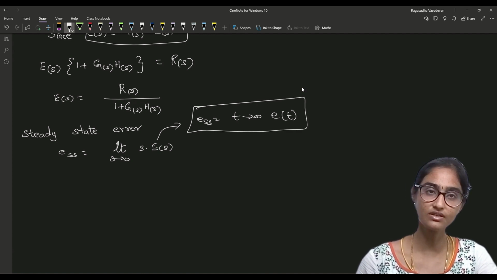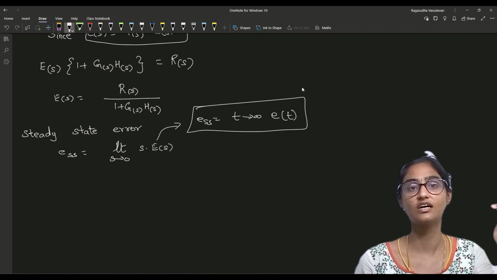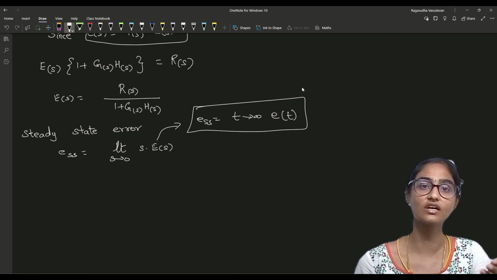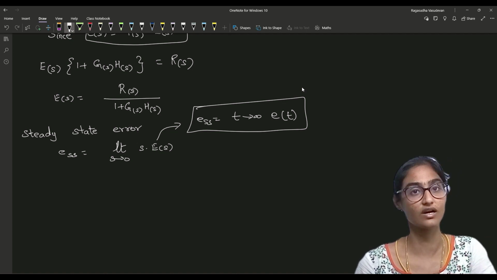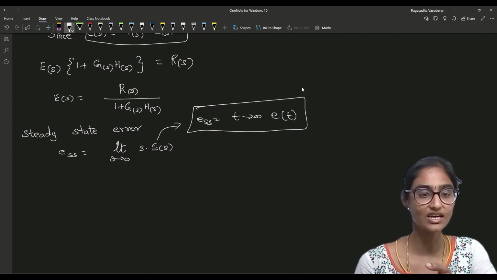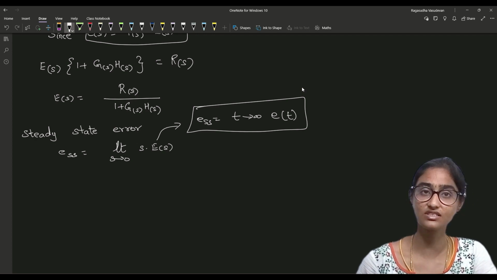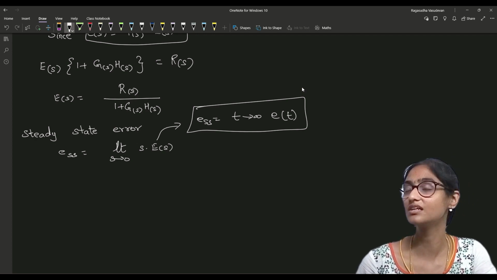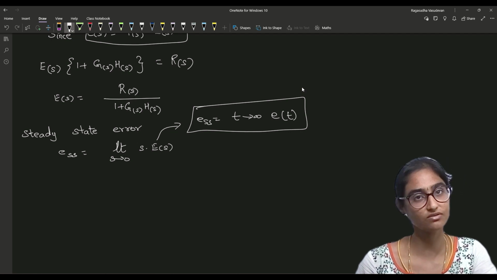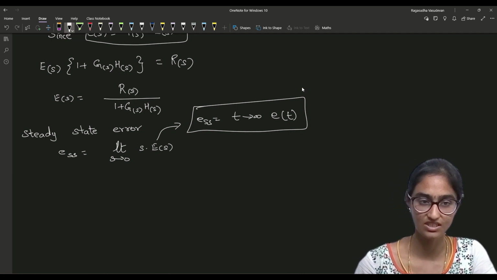By the final value theorem, we can convert the time domain into the s domain, because at the final value, at t tends to infinity, s tends to 0, s into E of s. This is the value of steady state error for any system, be it unity feedback, non-unity feedback, any kind of system.